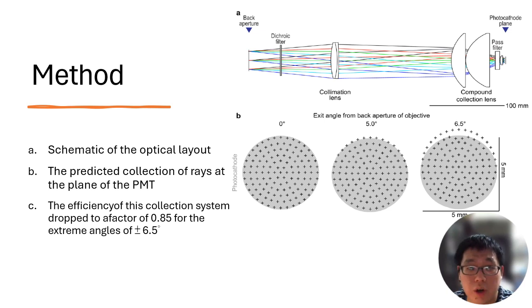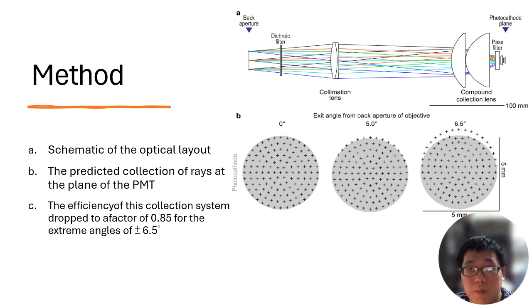We can see figure A. We use a compound collimating lens to capture all of the light returned through the objective, followed by a compound collection lens, with allowance for a bandpass filter, to converge the light onto the photocathode of the photomultiplier tube.